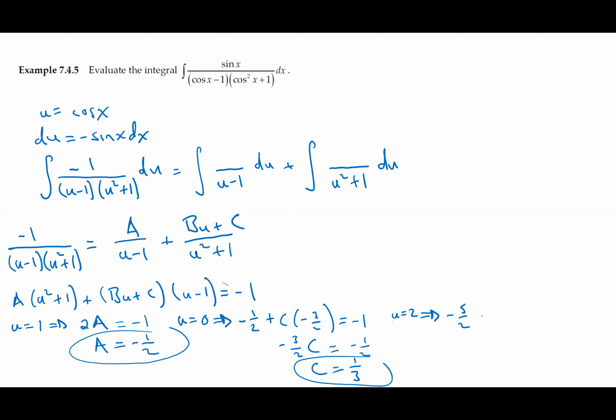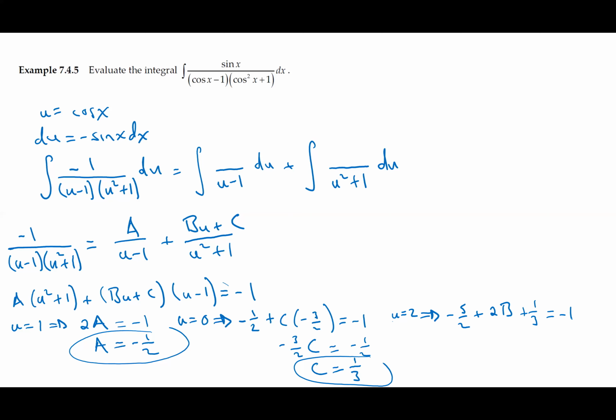And then plus, if u is 2, u minus 1 becomes 1, so we just have 2B plus C, which equals -1.